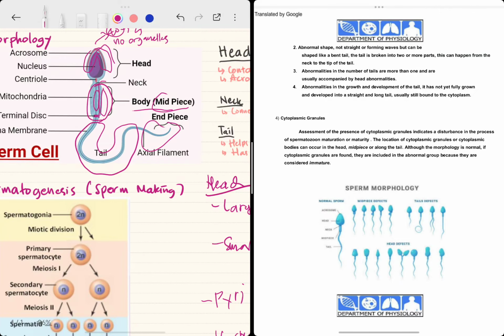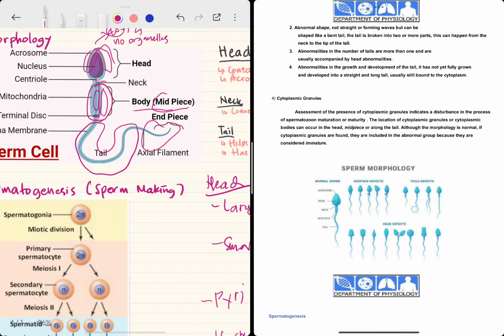Okay, and then next one we have the cytoplasmic granules or droplets. This one indicates impaired maturation. It could be on the head, mid piece, or along the tail. Even if the morphology is normal, the presence of a droplet is usually considered abnormal. Because what?